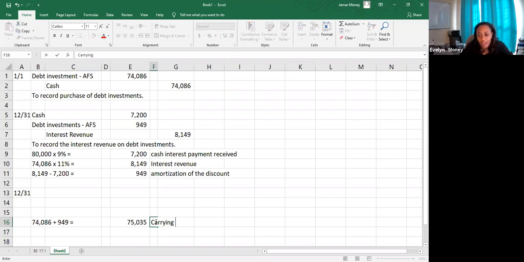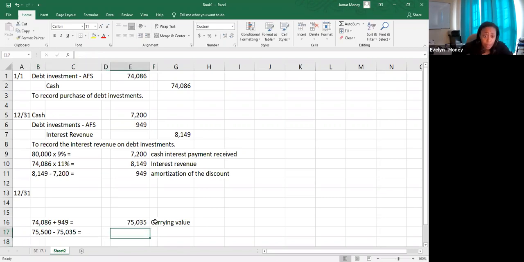So I'm going to compare this carrying value to the fair value. So my fair value is $75,500. And with that carrying value of $75,035, I am going to need to write this up, meaning I have 75,035 on the books, but it's worth more than that.